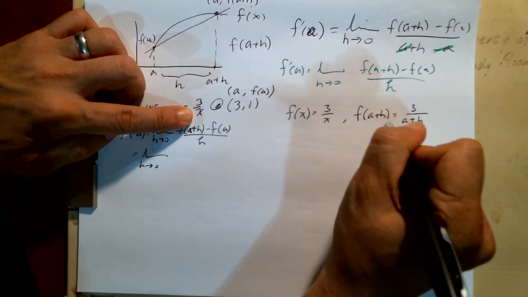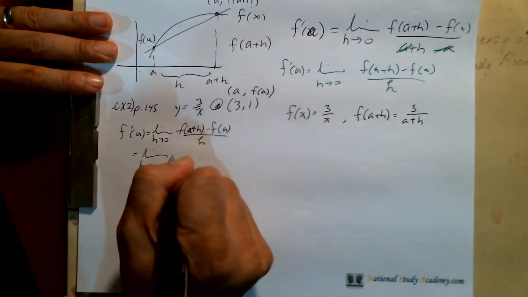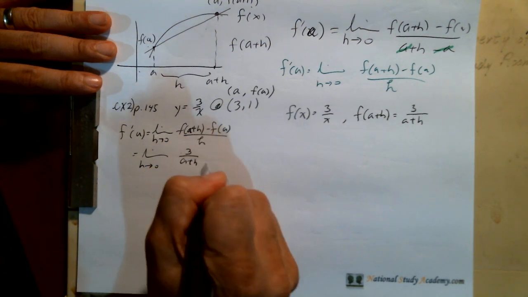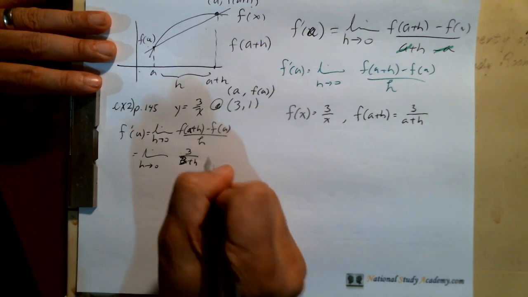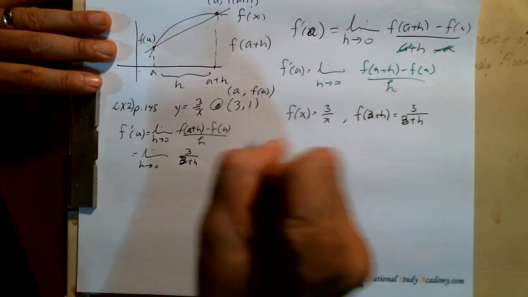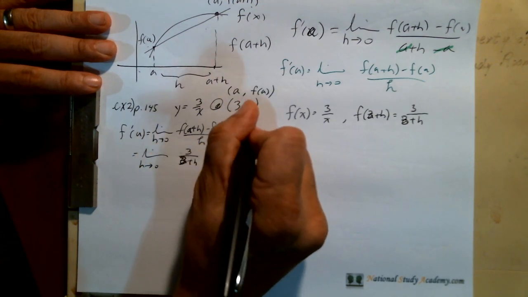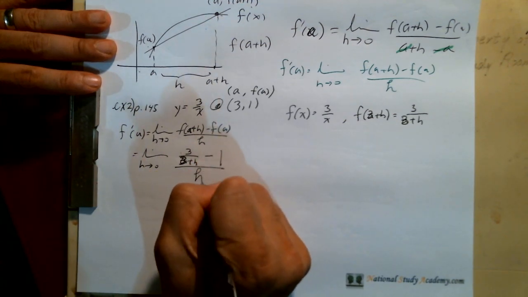So wherever there was an x, we replace it with a plus h right there. So it becomes 3 over 3 plus h. Oh, a was, by the way, 3, right? 3 is right here, 3 is right here. Minus f of a, f of 3, right there, is going to be 1 all over h.